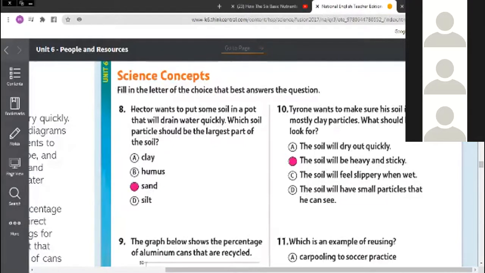It's B. The soil will be heavy and sticky. Most clay particles should be heavy and sticky.